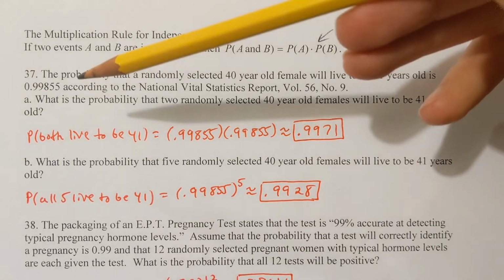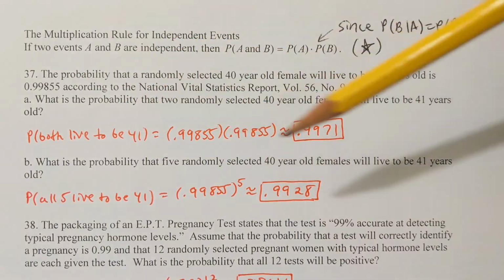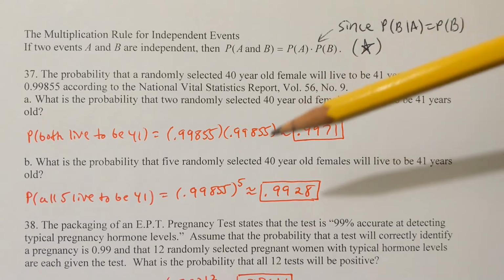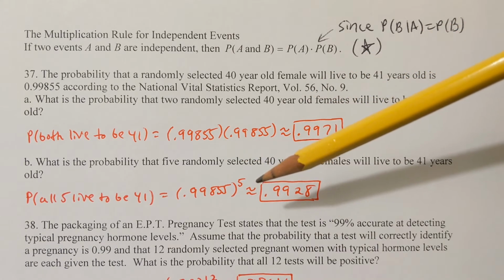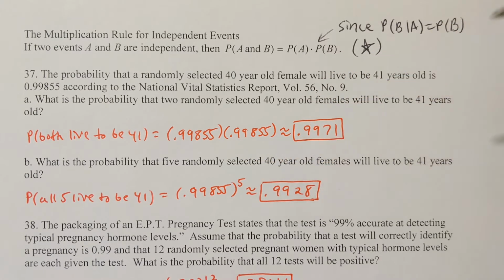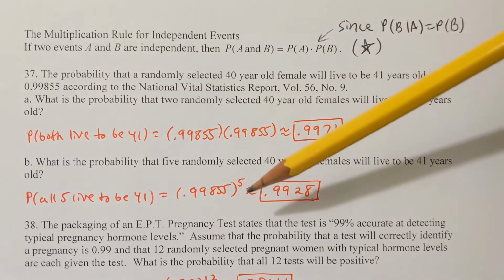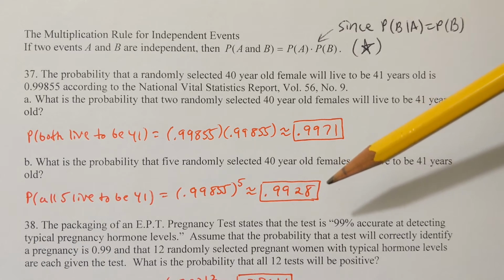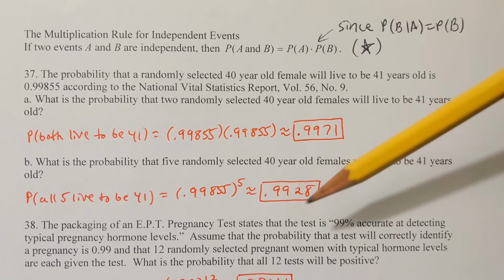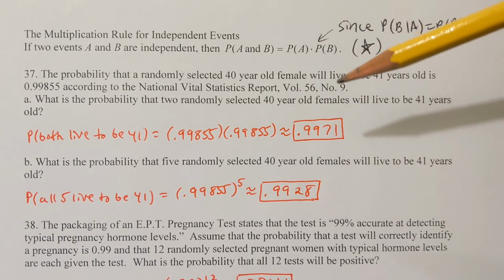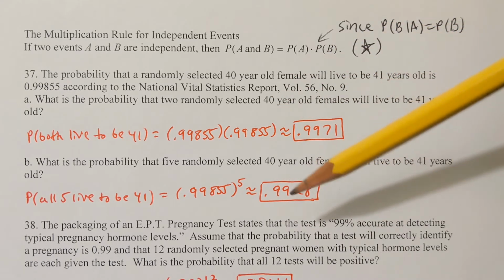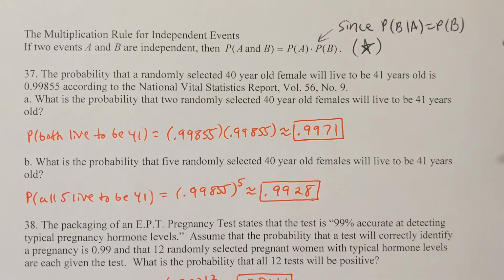So the probability is not going to change from person to person. I need five females living to be 41, so I raise 0.99855 to the fifth power, and that gives me roughly 0.9928. So it's very likely that all five will live to be 41, according to what we have calculated there.